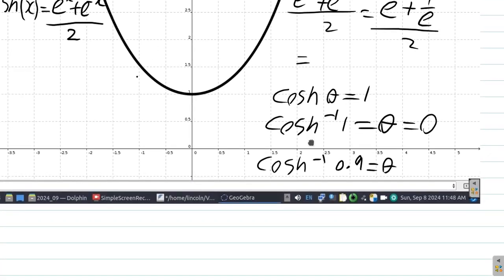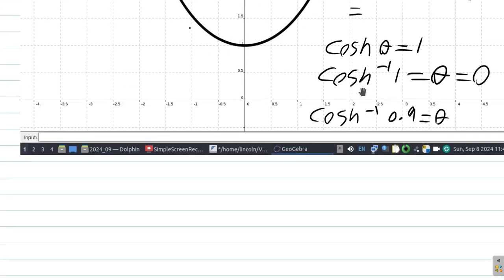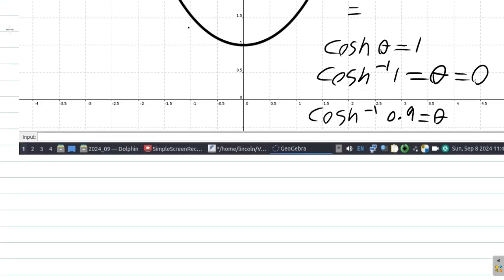Now, let's see something here. Cos inverse of 1. If cos of x, call it x, is equal to 1, then cos inverse of 1 is equal to x. Right?